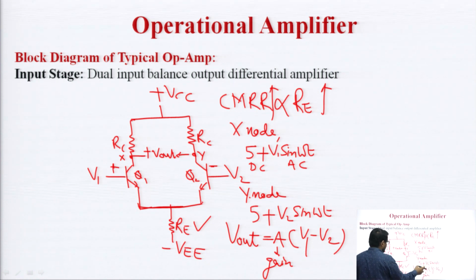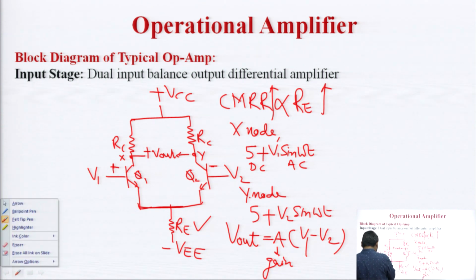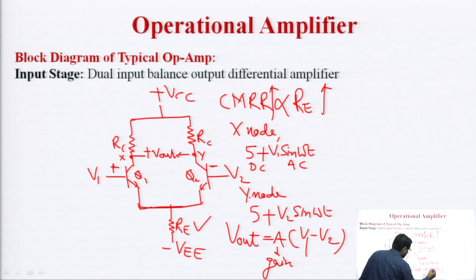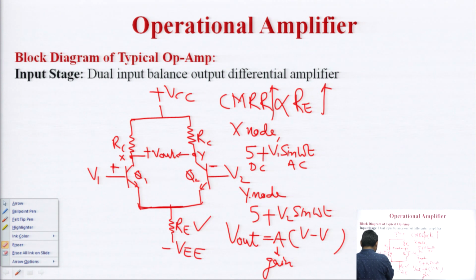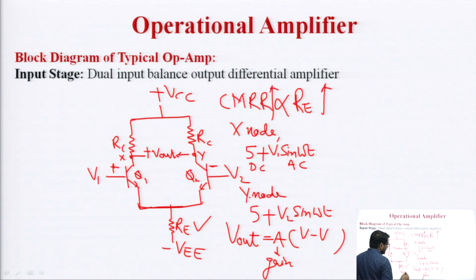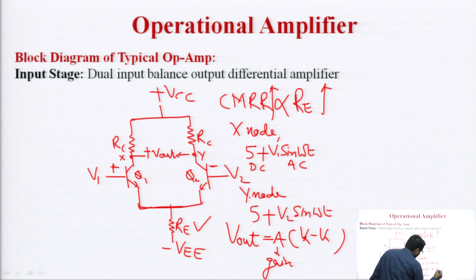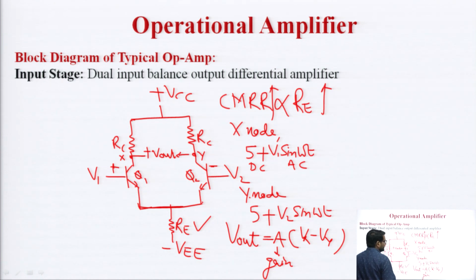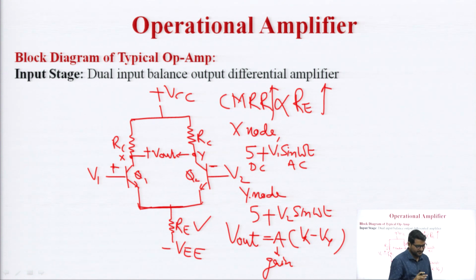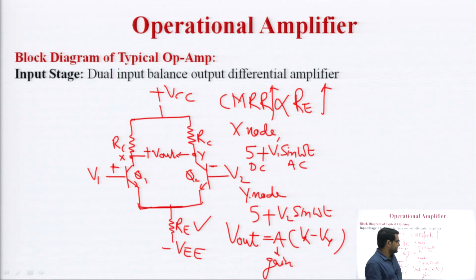If we take Vx minus Vy, we get V1 sin omega t minus V2 sin omega t. That means the differential amplifier has the ability to cancel the DC biasing voltage at the output side. So, this is the basic typical differential amplifier.